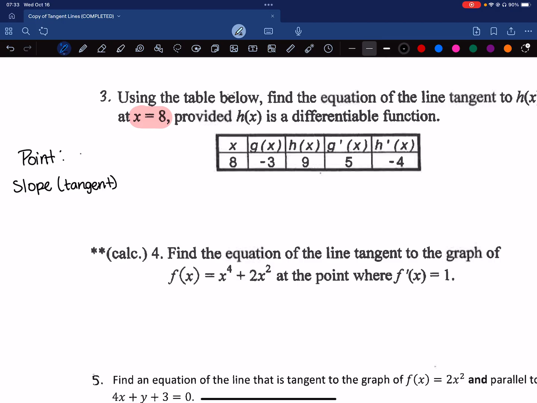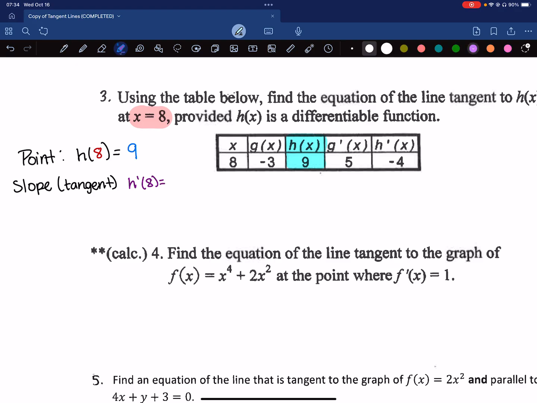Okay, so to find my point, I know my x value is 8. I just need to find the y value, and we can use the table to help us out. So when x is 8, what is h of x? When x is 8, h of x is 9. So h of 8 equals 9. That's my point. Then we need our slope. So to find our slope, that's when h prime of 8 equals something.